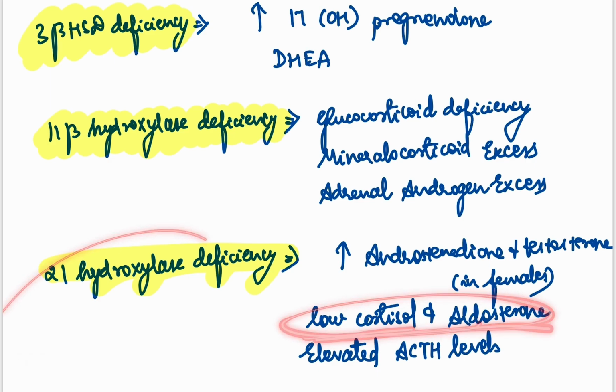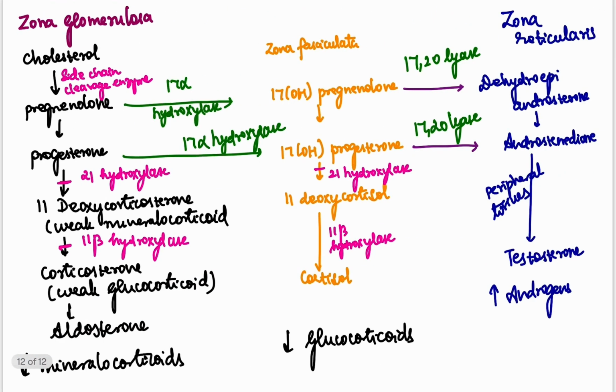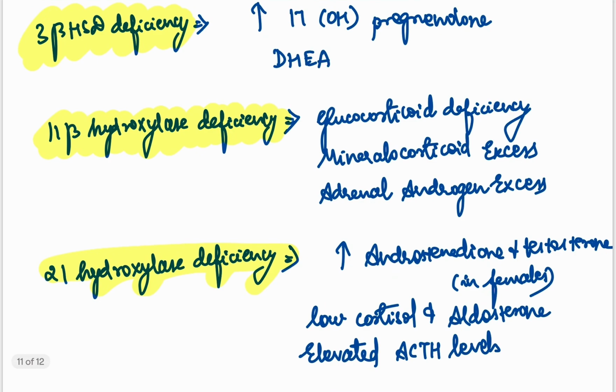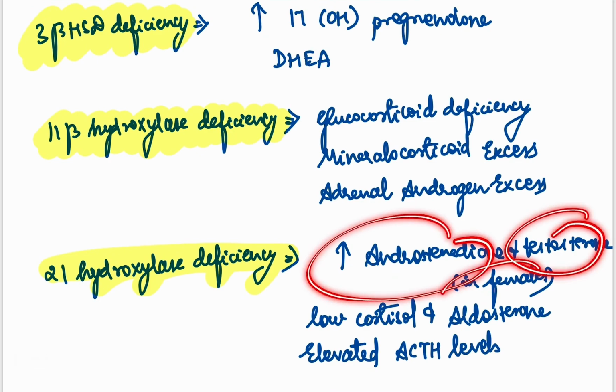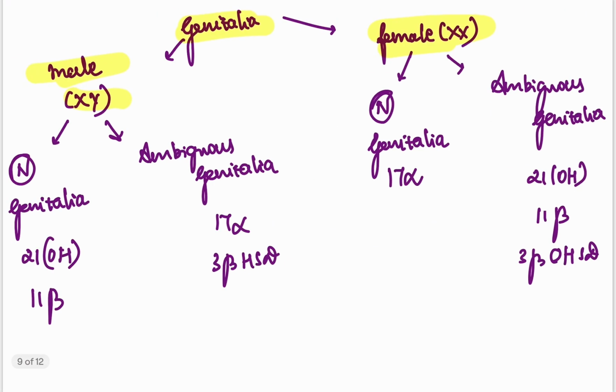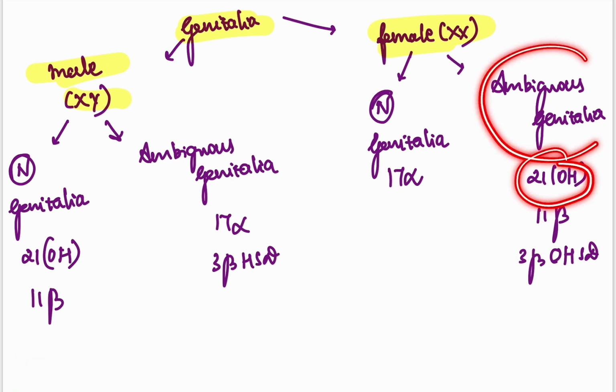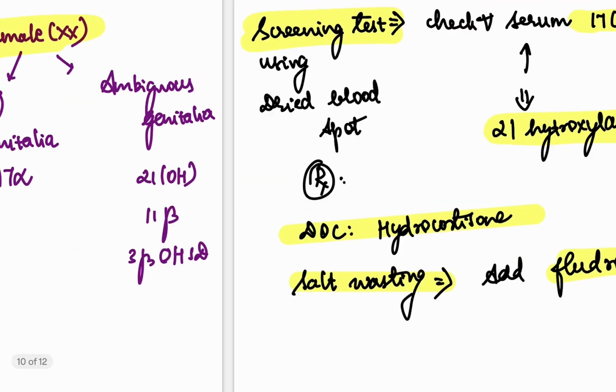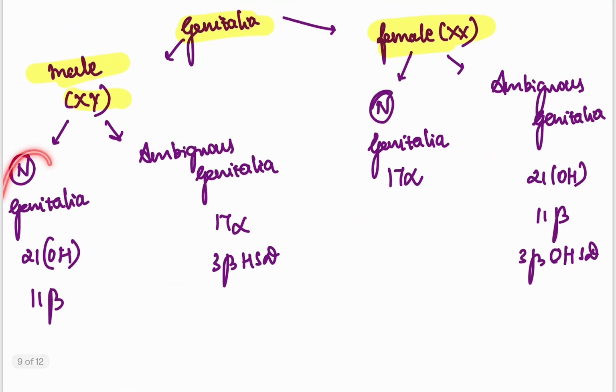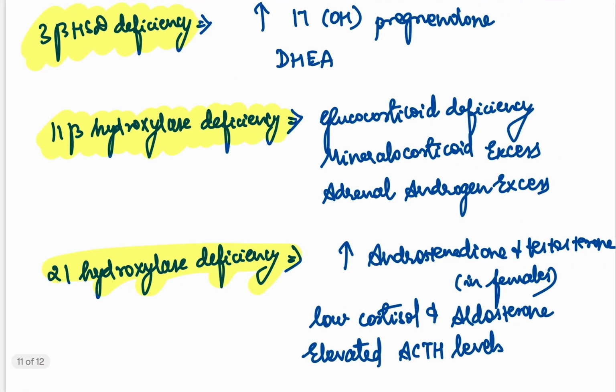Everything is converted with the help of 17,20 lyase into androstenedione, and in the peripheral tissues it is converted to testosterone. So there is increased testosterone and increased androstenedione. That's the reason in 21 hydroxylase deficiency there is ambiguous genitalia in females, because there is increased testosterone, whereas in males the genitalia is normal.